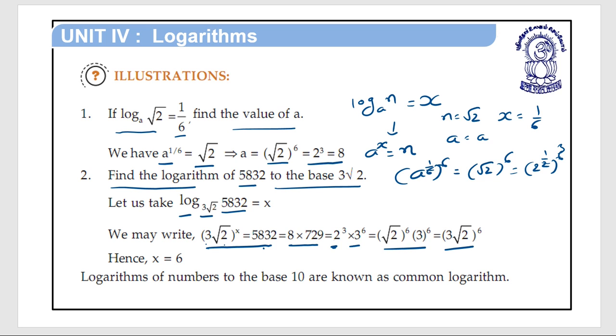So 3 root 2 raised to 6. Here 3 root 2 raised to x is equal to 3 root 2 raised to 6. Here the bases are the same, so the powers become equal. Hence x is equal to 6.